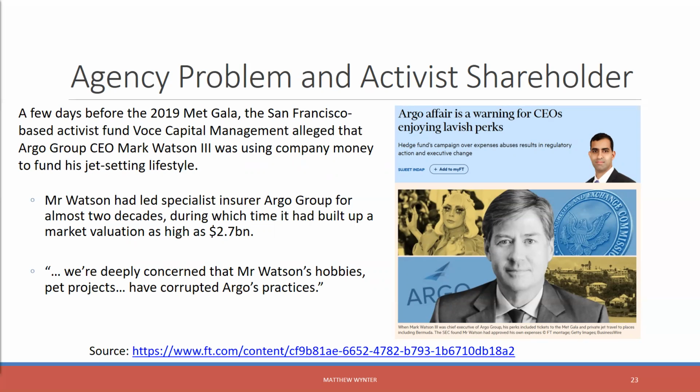Over the time of Mr. Watson being CEO of Argo, the firm had built up market valuations as high as 2.7 billion, so the company's worth a ton. What these activists found is that they were deeply worried that the CEO's hobbies, pet projects, and cult of personality were being funded by the company.